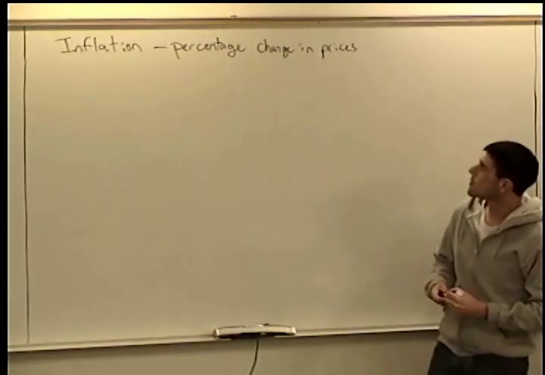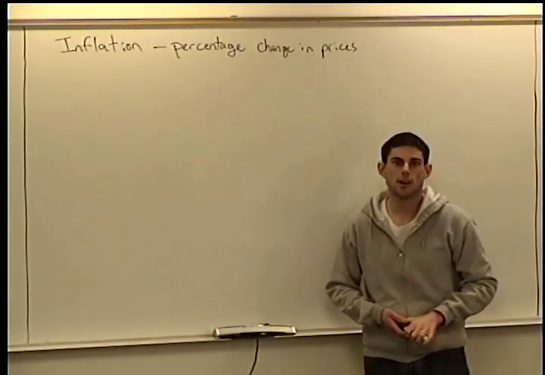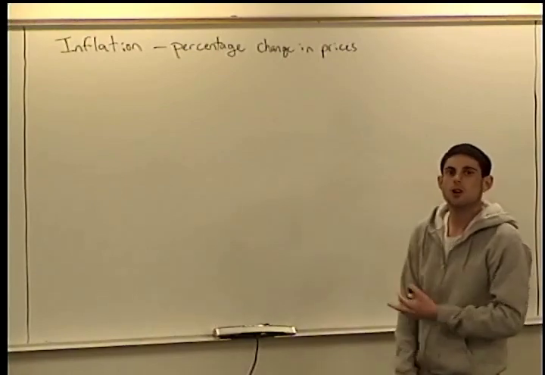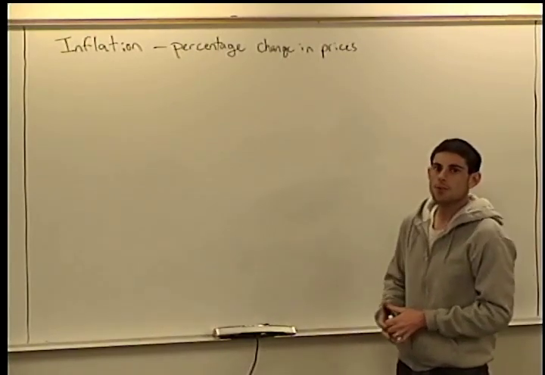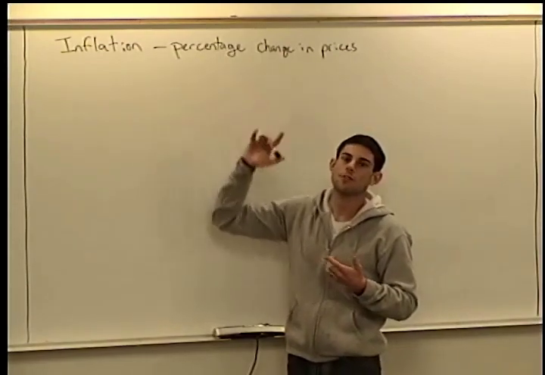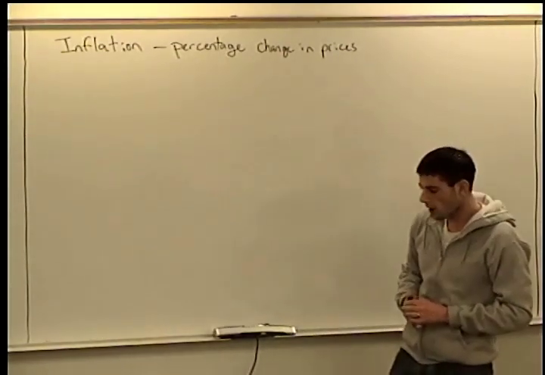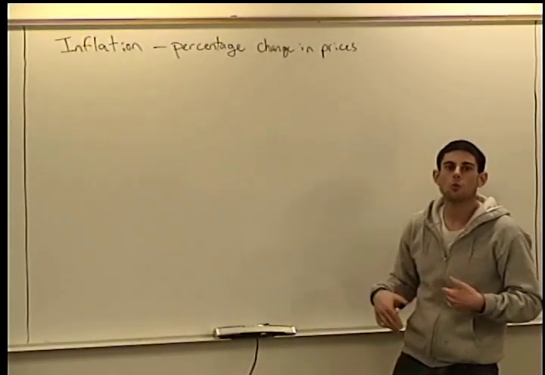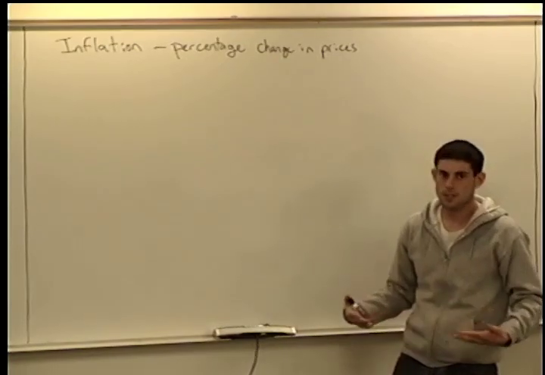So we could use a percentage change in gasoline prices between a year ago and what the price is today. If we figured out what that is in percentage terms, that would be what we call the inflation rate for gasoline. So for our concern, though, we want to know what is the inflation for all prices.